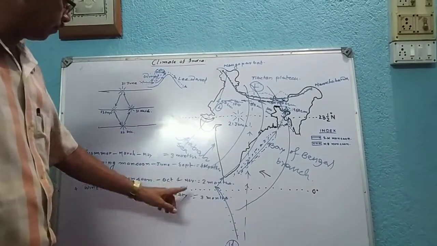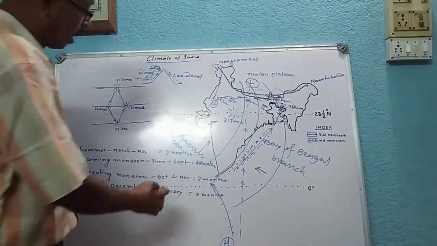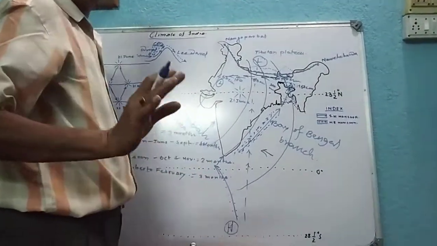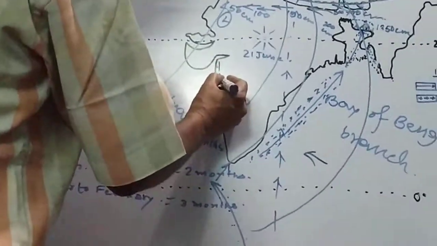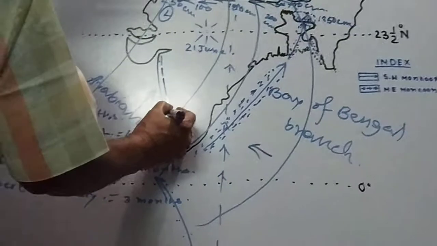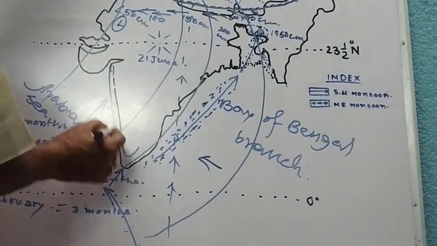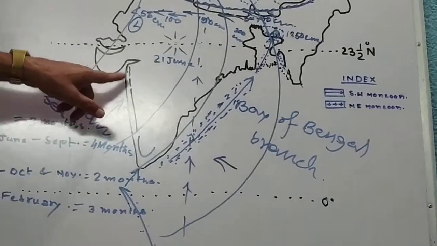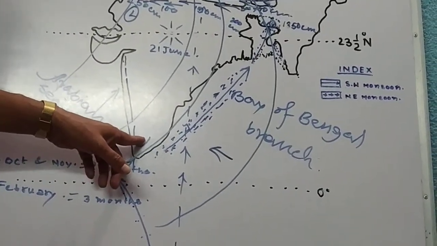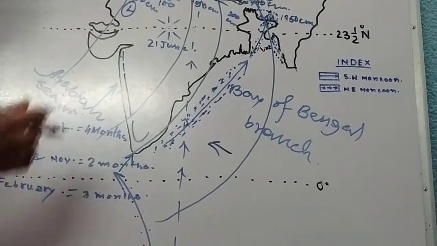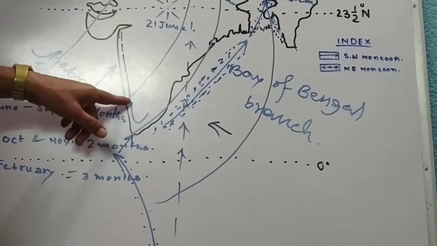On the other hand, this Arabian Sea branch receives moisture, but it is prevented by the Western Ghat. This is your Western Ghat, and the southern part is Nilgiri. There are three remarkable gaps: Thalghat, Bhorghat and Palghat.